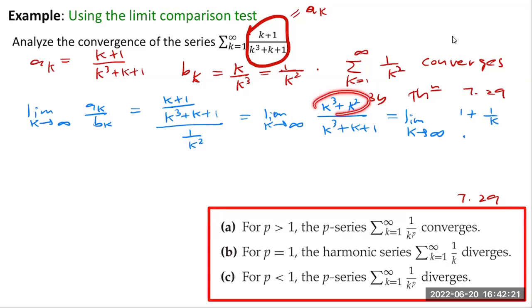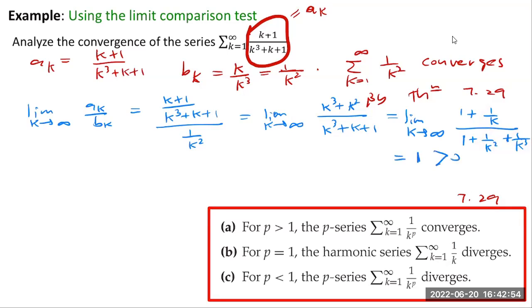K cubed over K cubed is 1, and K squared over K cubed is 1 over k. Similarly, if you divide the bottom, you get 1 plus 1 over k squared plus 1 over k cubed. Now you can take the limit as k goes to infinity. These terms go to 0, and your answer is 1.